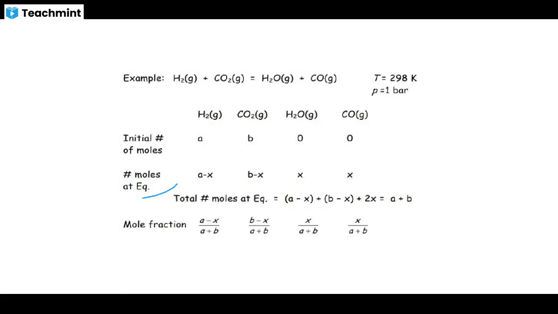At equilibrium, a moles of H2 reacted, b moles of CO2 reacted, and x moles of H2O formed and x moles of CO formed. The total moles is just adding all these up, giving the total number of moles at equilibrium.